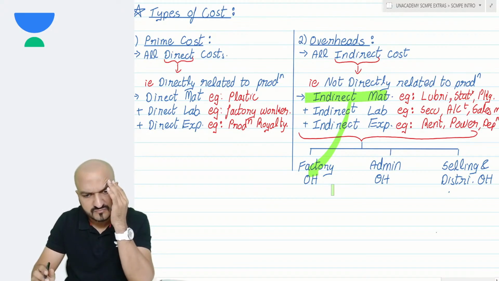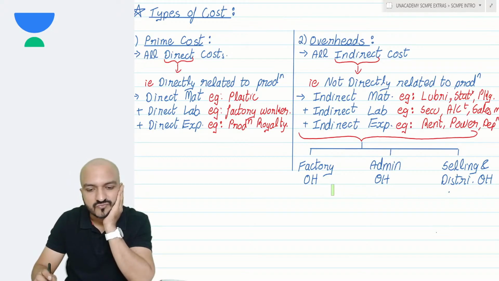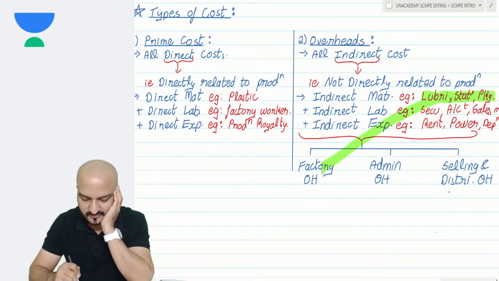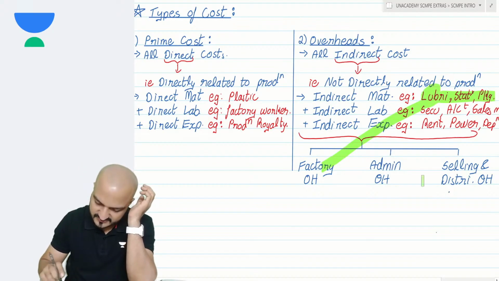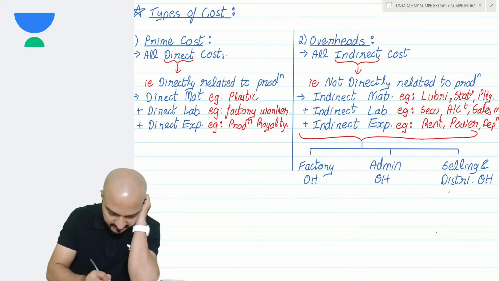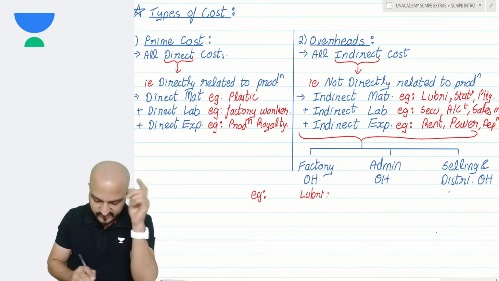We have already written 3 examples here. Which of these 3 is used in factory? Well, yes, lubricants. Lubricants is the one which is used in the factory. So the example I can give here is lubricants.